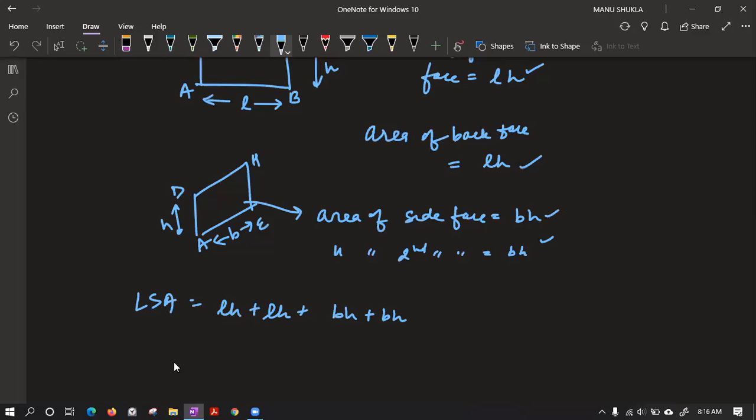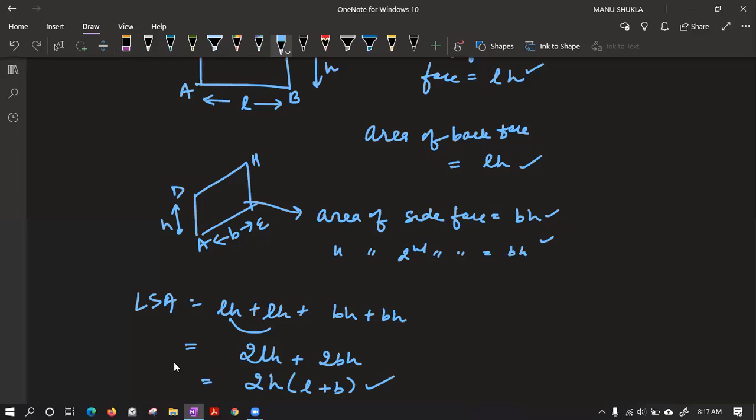I am telling you the way in which you can derive the formula on your own. What will be common in all of them? First of all, you add these, it becomes 2LH, and 2BH. Now you will see 2 is common, H is common, and (L plus B) is left inside. This is the formula that we have derived very easily with that analogy of the A4 sheets ream.